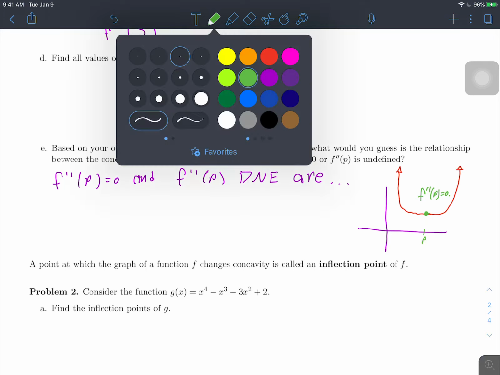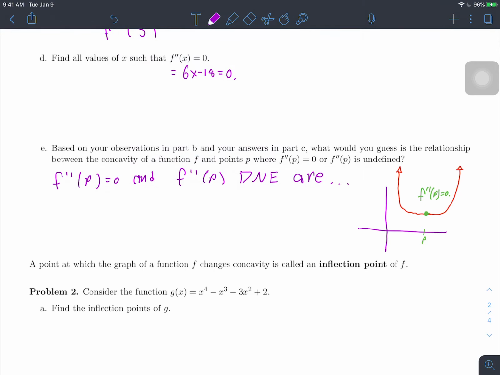So f double prime of P equals 0 and f double prime of P does not exist, I should say, imply P comma f of P is a candidate for an inflection point.